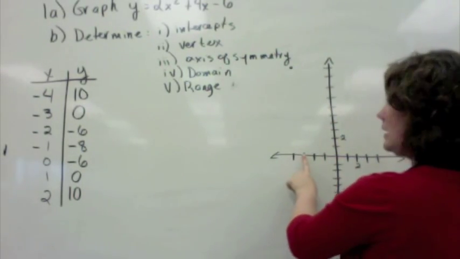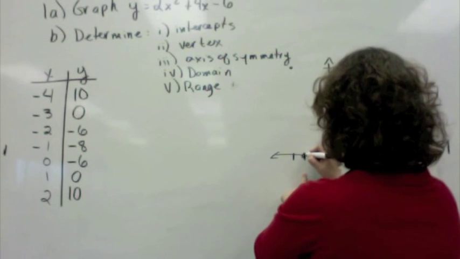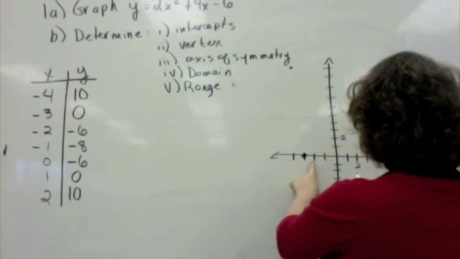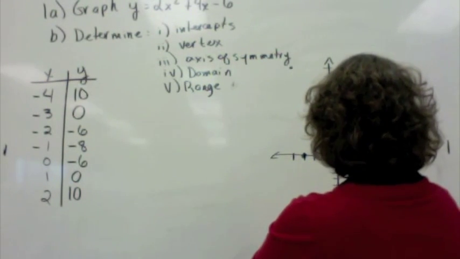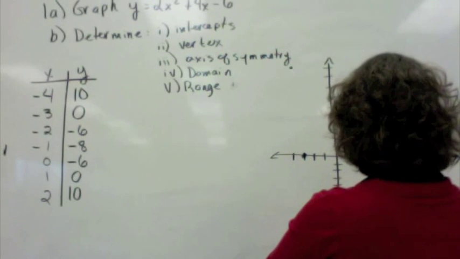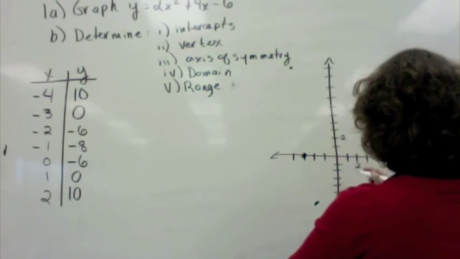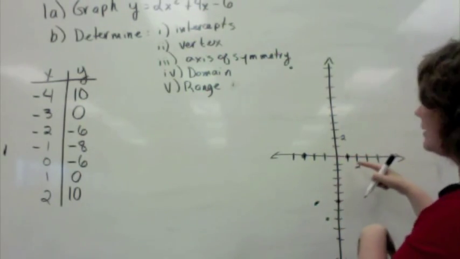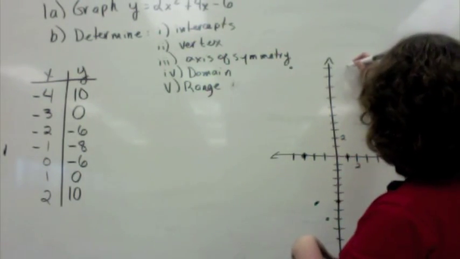Now -3 and 0, here's another point. -2 and -6. -1 and -8, 0 and -6, 1 and 0, and 2 and 10.